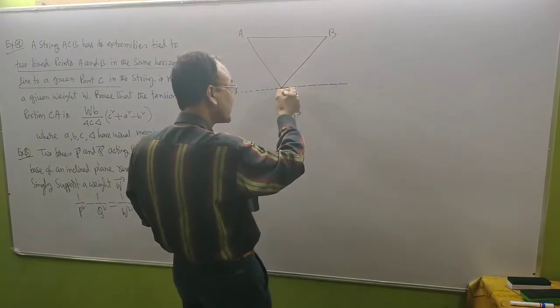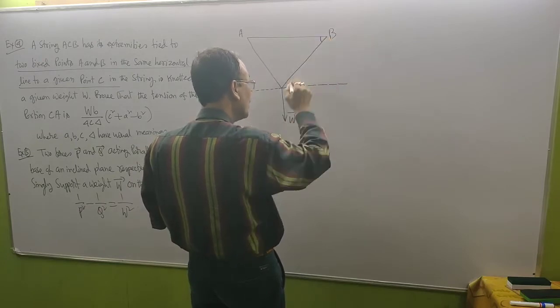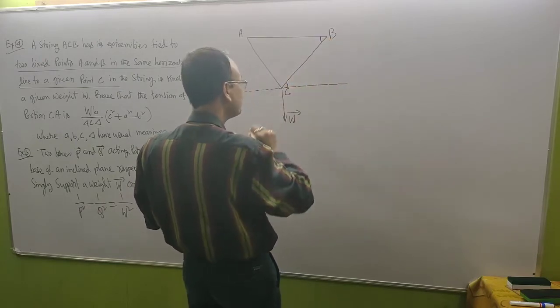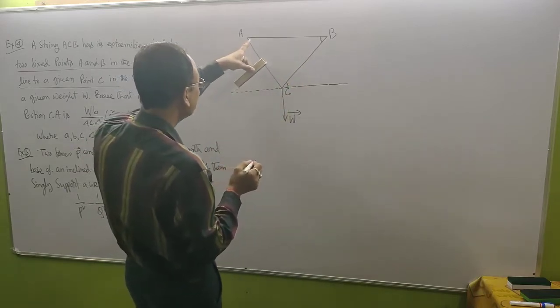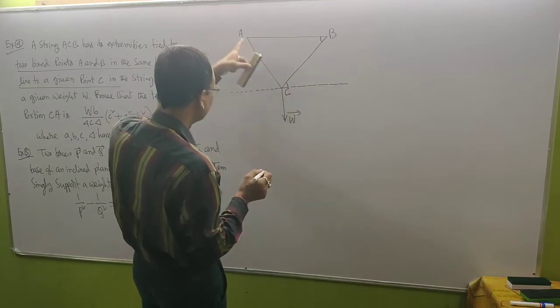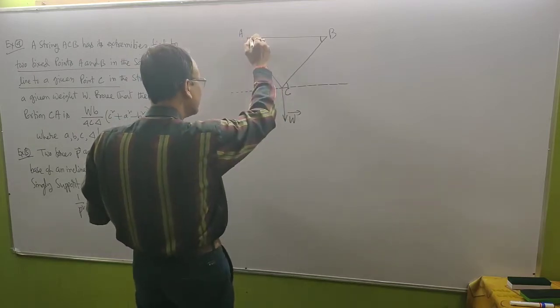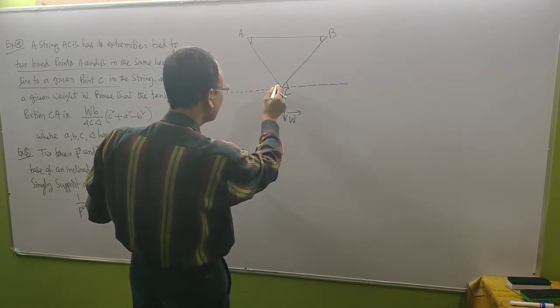Therefore, this is a transversal, and this angle will be equal to this angle. In this way, for these two parallel lines, AC intersects them. Therefore, this angle should be equal to this angle.